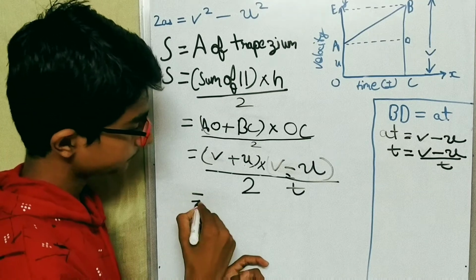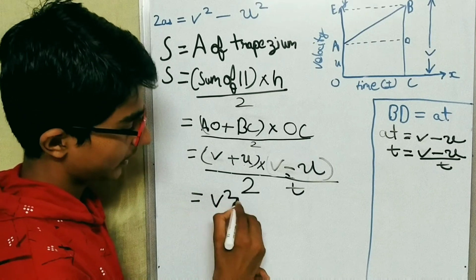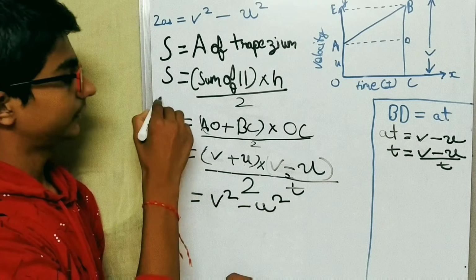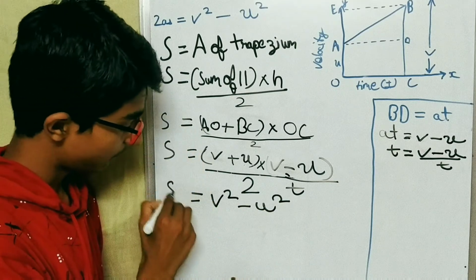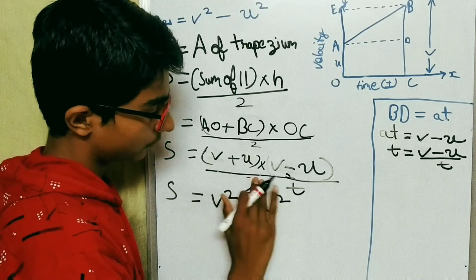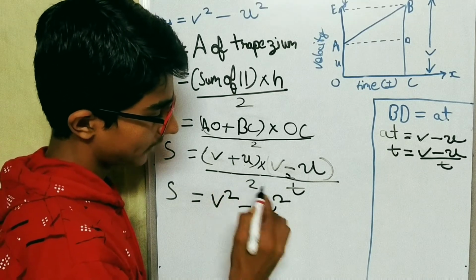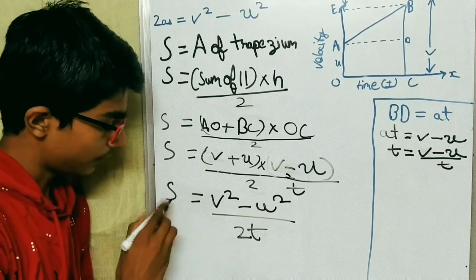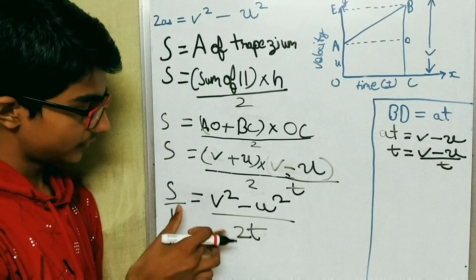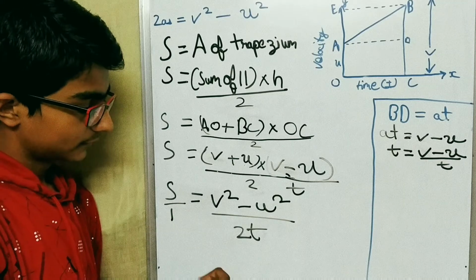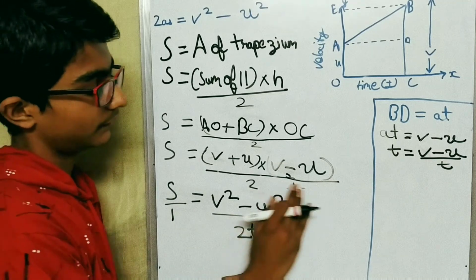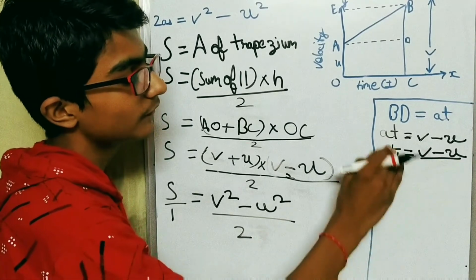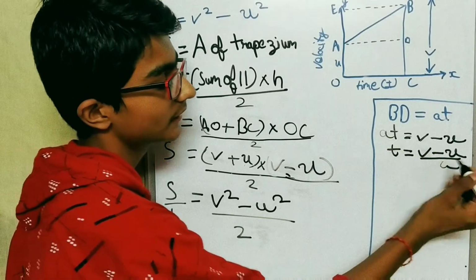That will be v square minus u square, and here 2 and a are there. Keep in mind to write s. So here this into this will be multiplied. Wait, sorry, here it will not be t. If we are making t the subject of the formula, then it will be a.